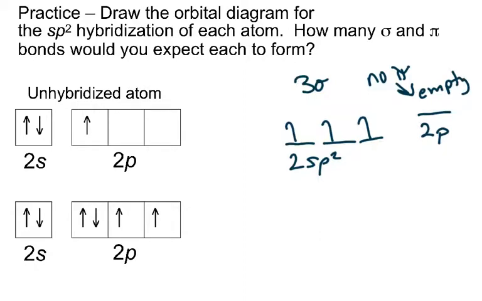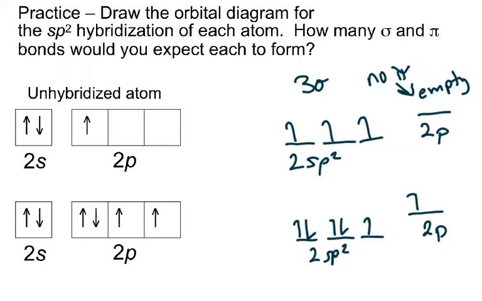Then here, same concept. We have our 2 sp2 hybrids and then a 2p orbital there. We're going to fill this in. How many, like, 1, 2, 3, 4, 5, 6.